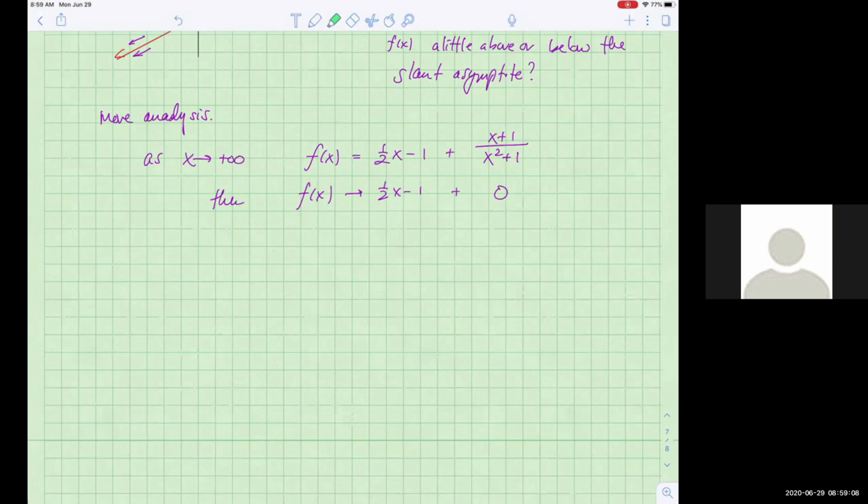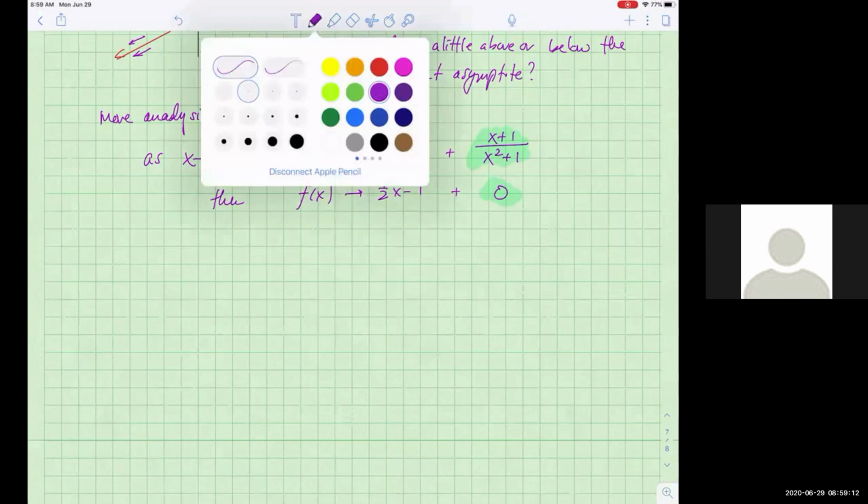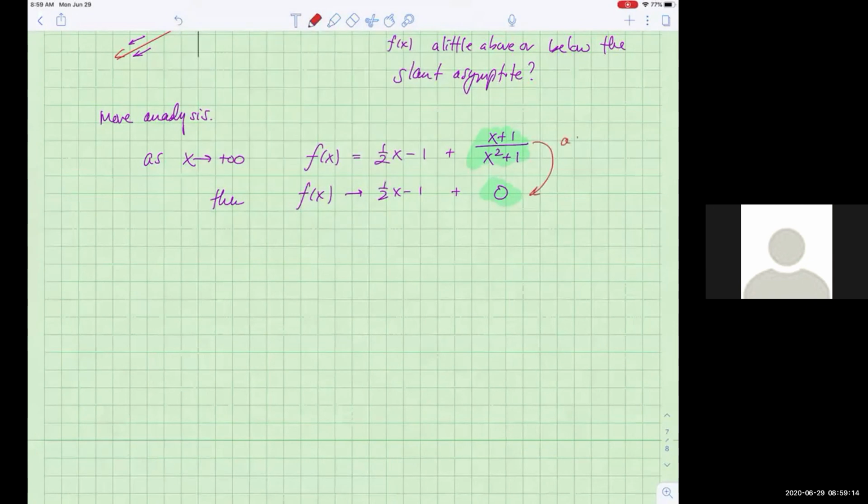We know that as x approaches positive infinity, x plus 1 over x squared plus 1 approaches 0. But even though it's getting close to 0, it's not exactly 0. Is it a small positive number or a small negative number?